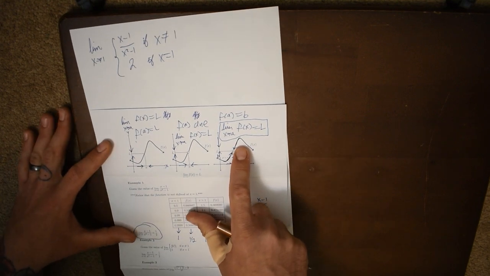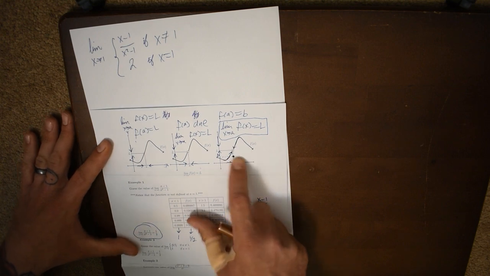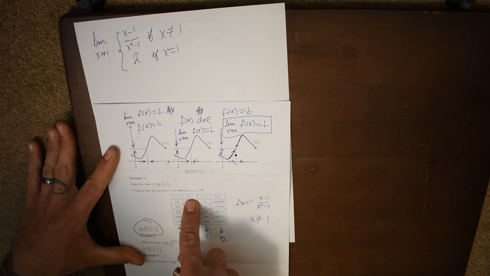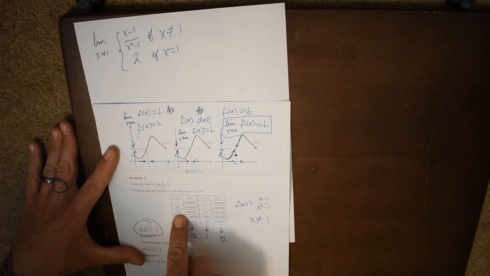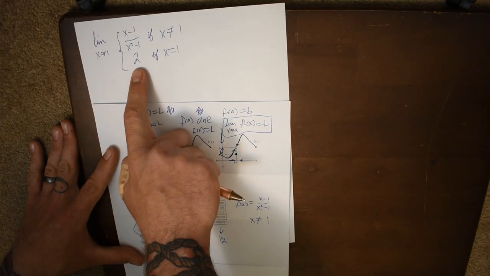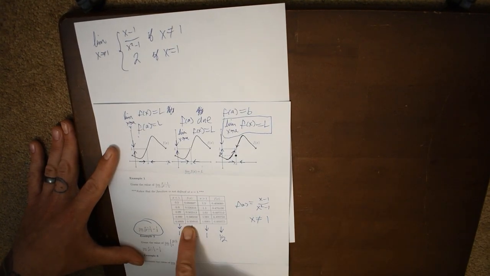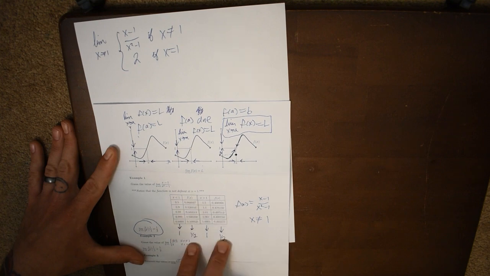So as our x values are getting closer to a, our y values were approaching L. Over here, same thing happens. As our x values are getting closer and closer to 1, our y values are getting closer to 1/2. It doesn't matter that when x is equal to 1, y is equal to 2. That overall pattern says that as x is getting closer to 1, y is getting closer to 1/2.